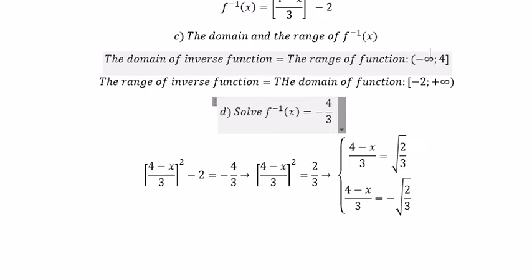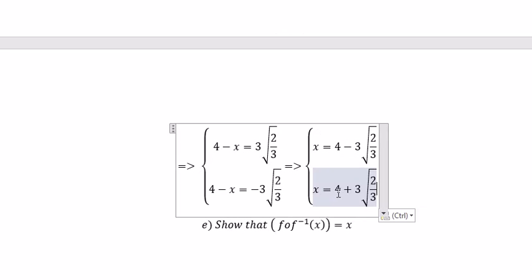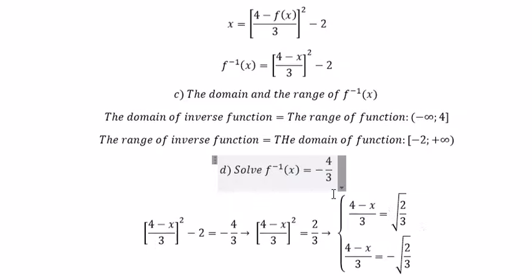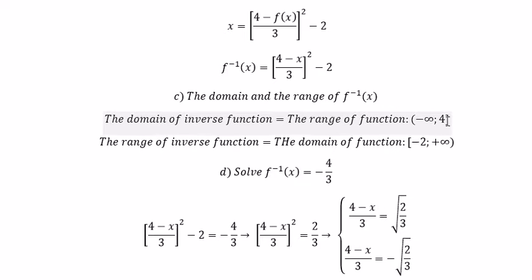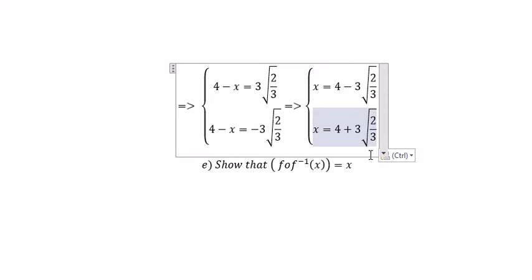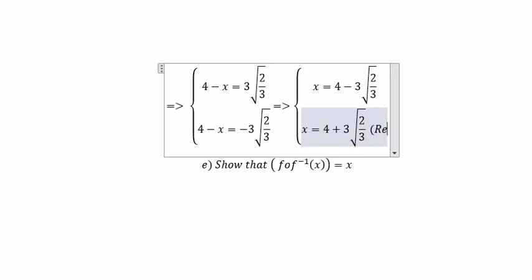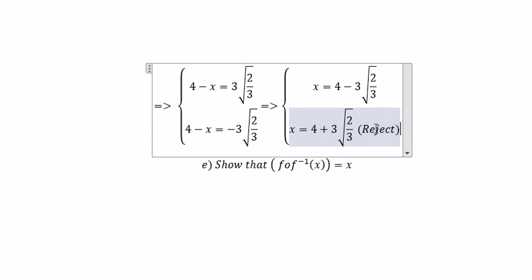That's about this one. As you can see that this one is above than number 4. So we need to reject this one. And we need to accept this one because it's in the domain.